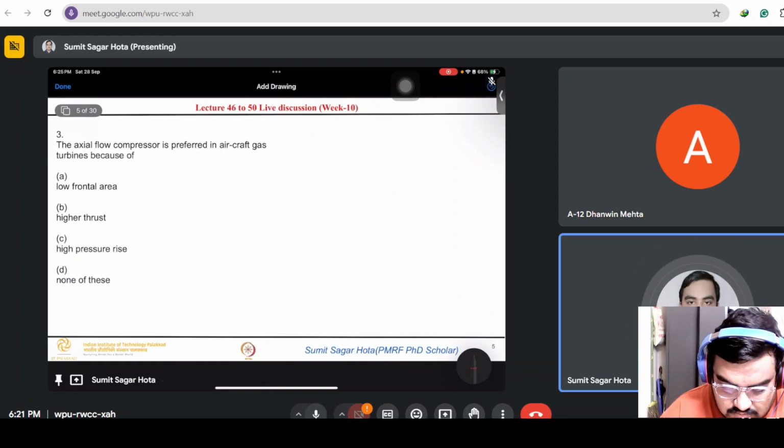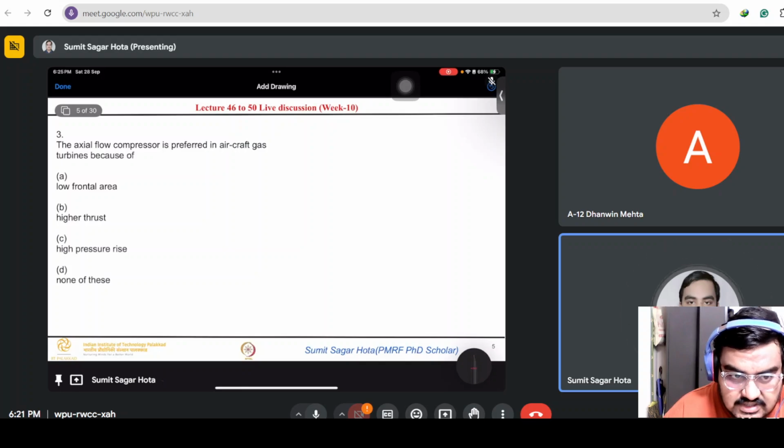Because gas turbines are very lightweight, we are using it, which implies we are using the axial flow compressors. In an axial flow compressor the advantage is that we can have a low frontal area. It can be commercial, it can be cargo. In all the cases axial flow compressors are used, and the reason is the low frontal area.